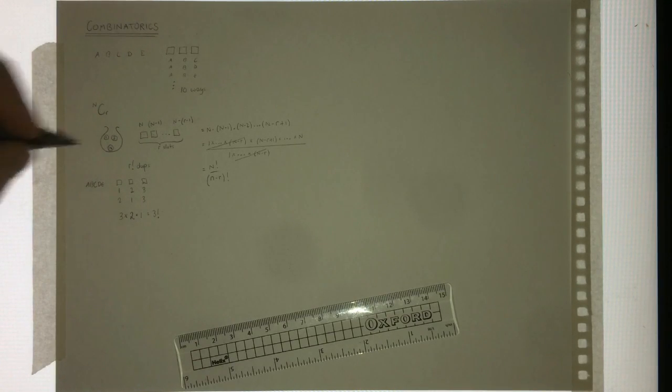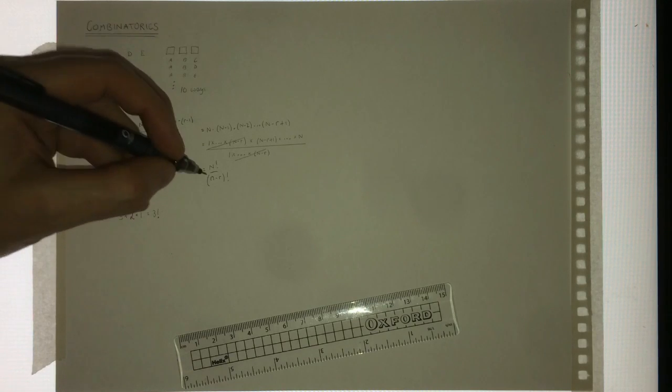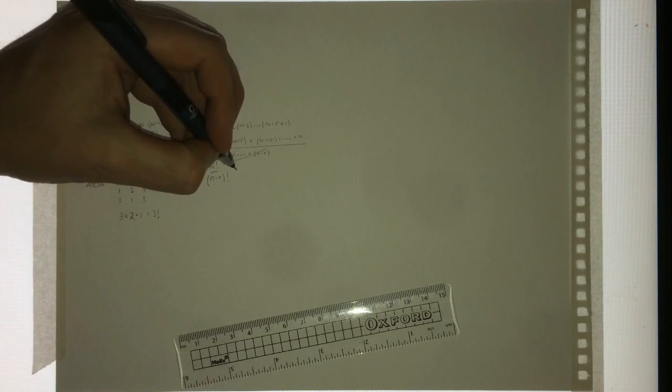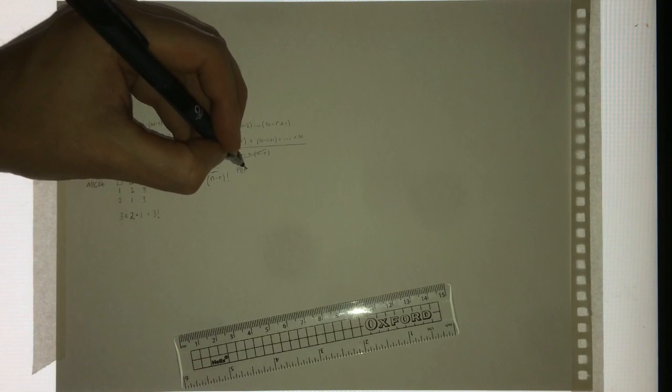Therefore we have to divide this by r factorial. So if the order is important, i.e. 1, 2, 3 is different from 3, 2, 1, then that's called a permutation. So there are n factorial over n minus r factorial permutations.